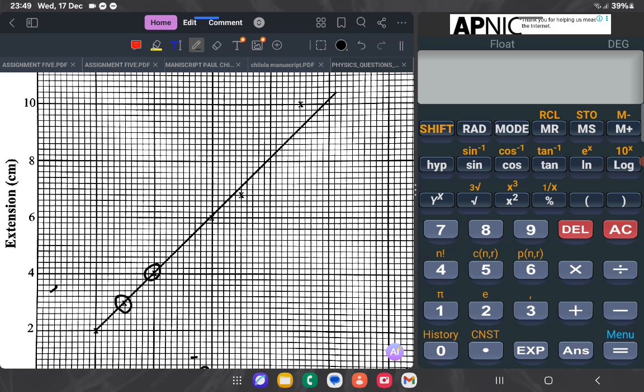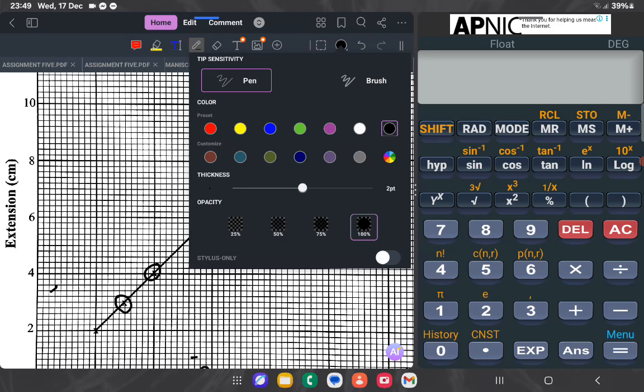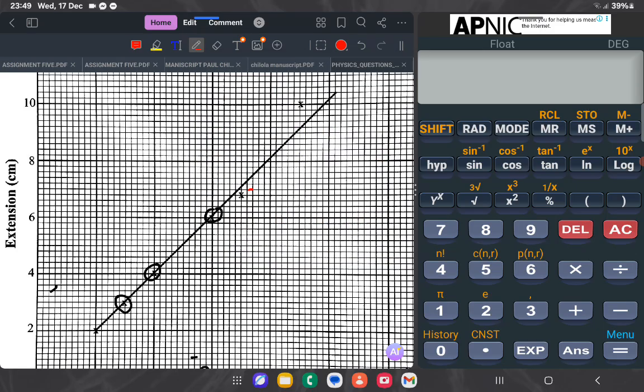These 2 points are lying on the line. We have another point here. So these 3 points are lying on the line. But if you look at these 2 points, these 2 points are outside. This one is out, this one too is out.